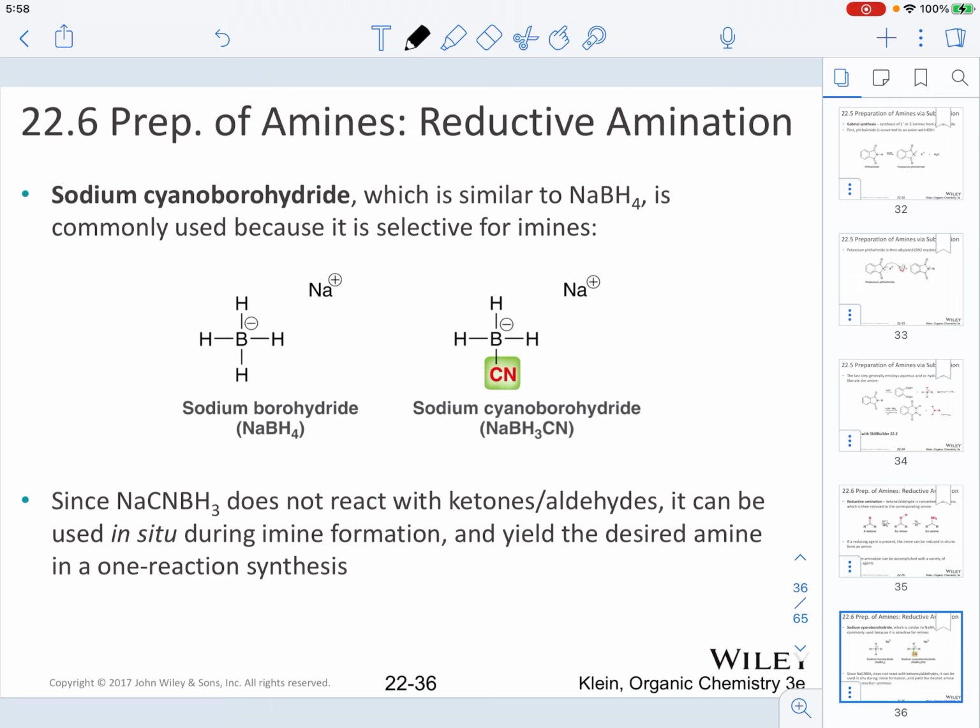Since sodium cyanoborohydride does not react with aldehydes or ketones, it can be used in situ. What that means is that you add it all into the vial, and this yields the desired amine all in the same vial. So you don't have to do several steps. It all can be added into the same vessel.